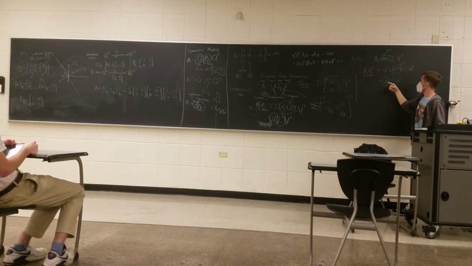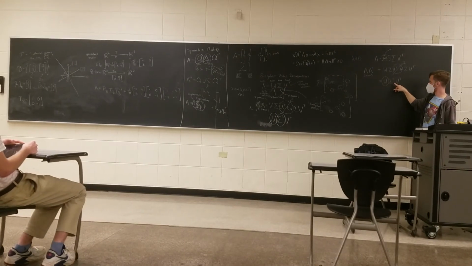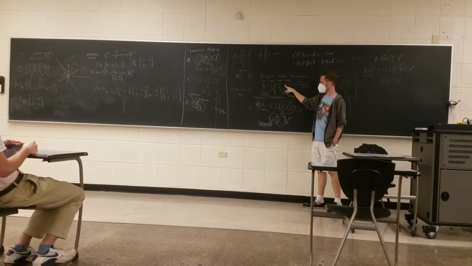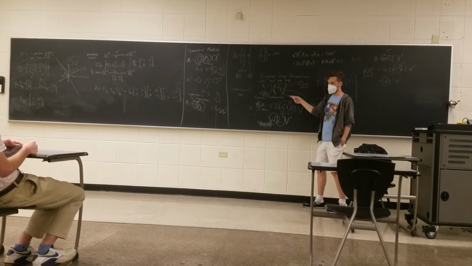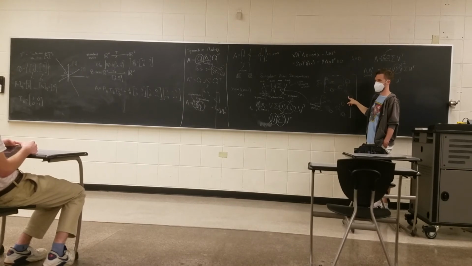Because all we really need is an orthonormal matrix here, an orthonormal matrix here, and a diagonal matrix or block diagonal. So it's diagonal, but part of it is just all zeros.